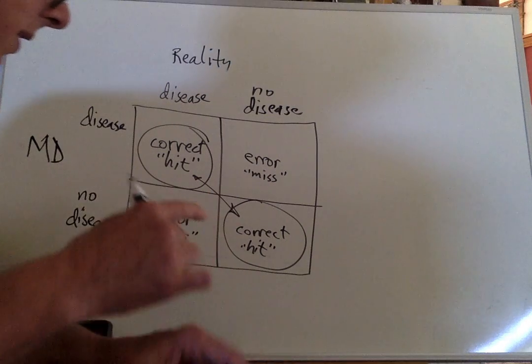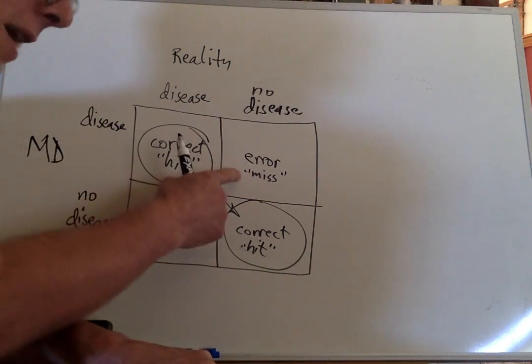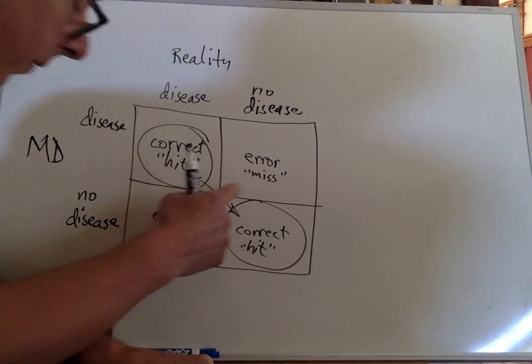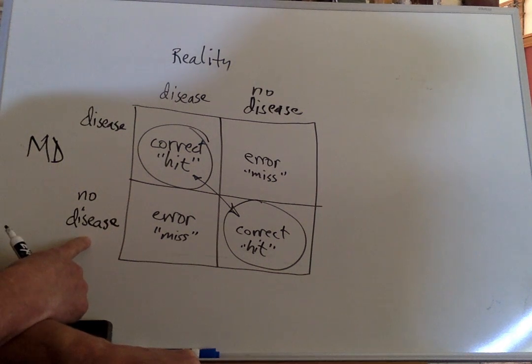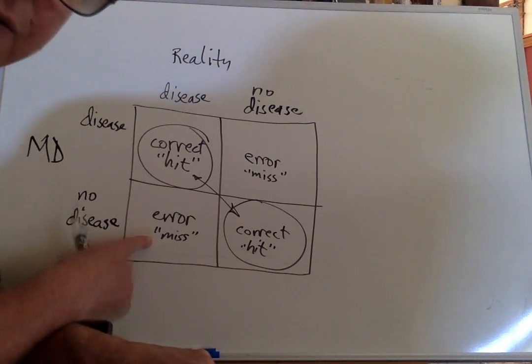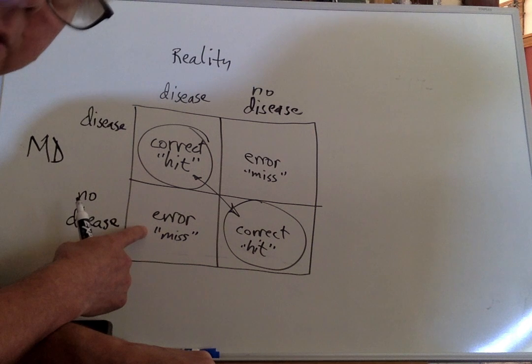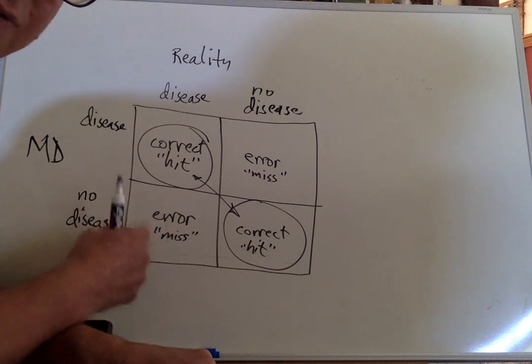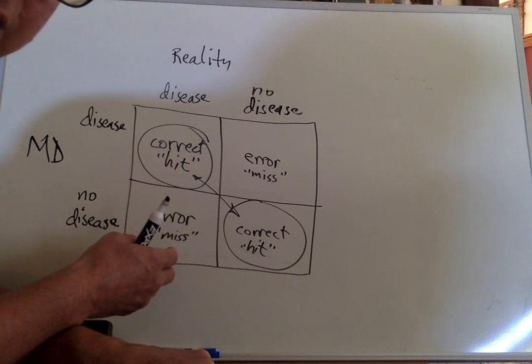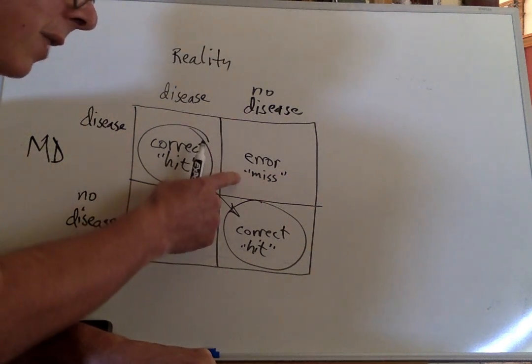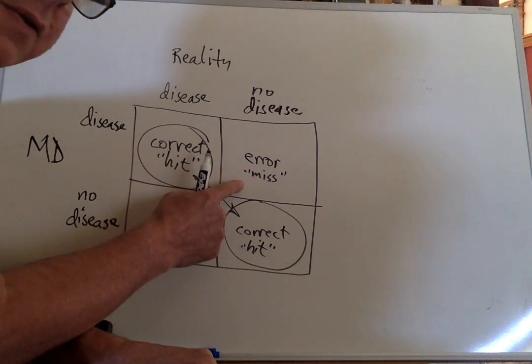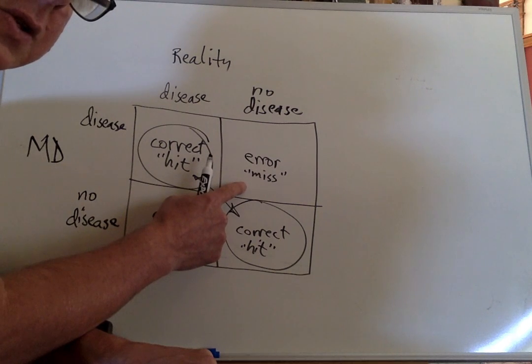But for mild disease, I'd rather be told that I have it and then find out that I don't, than the doctor saying you don't have this disease and finding out that I really do, because then I've missed out on the potential treatment, right? And so this is the better error in the case of the doctor's diagnosis, okay?